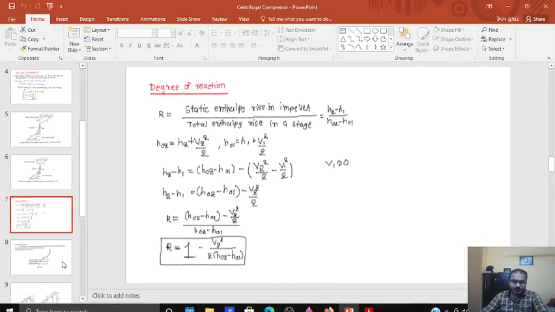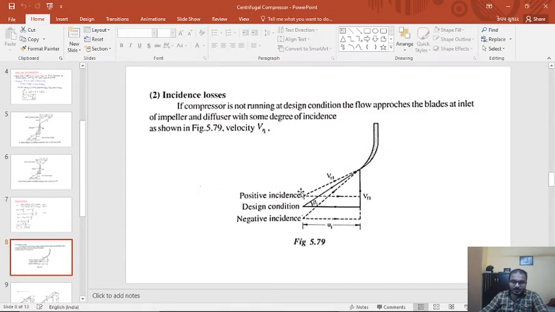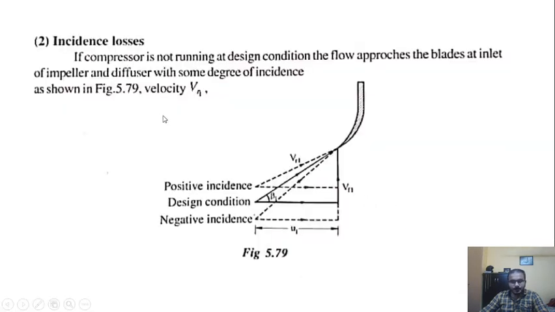We do have a figure for this. So here, if the compressor is not running at design conditions, then the flow approaches the blade at the inlet of the impeller and diffuser with some degree of incidence.